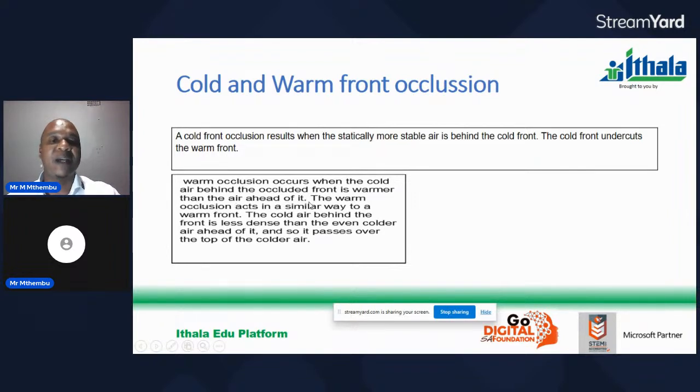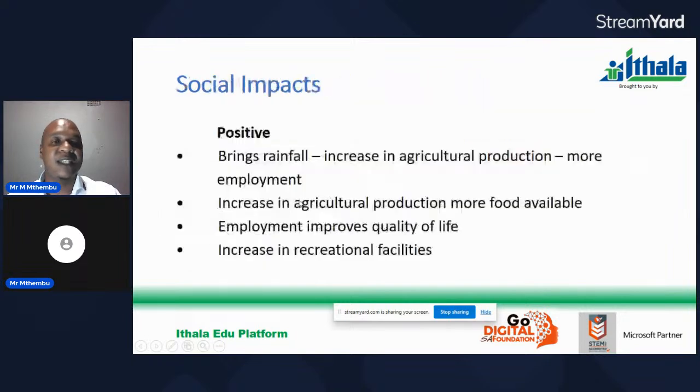This one you must remember for the exam. The warm occlusion acts in a similar way to a warm front. So the cold air behind the front is less dense than the even colder air ahead of it, and so it passes over the top of the colder air. That is what the warm occlusion stage is about.